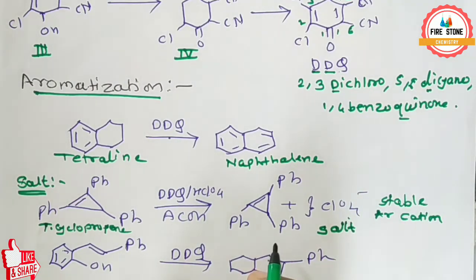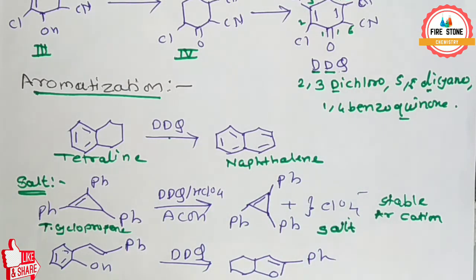Here the triphenylcyclopropenyl cation and the ClO4 minus anion, and this whole compound is called triphenylcyclopropenyl perchlorate.